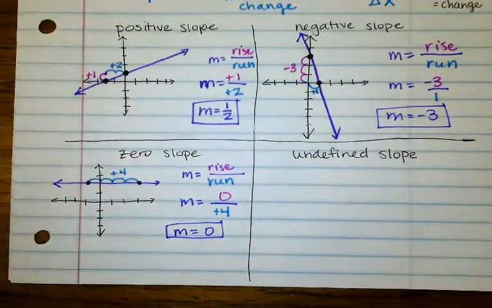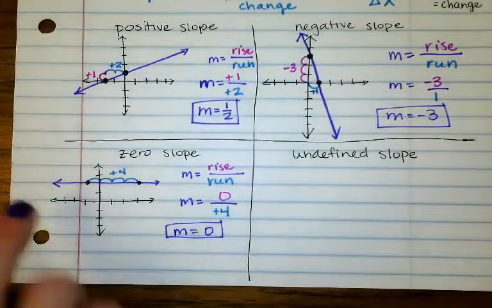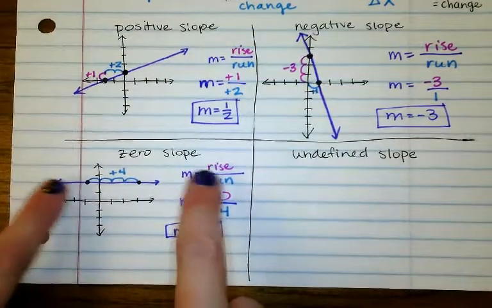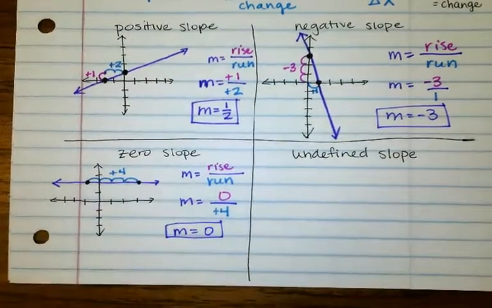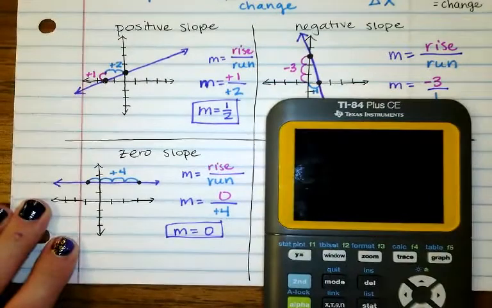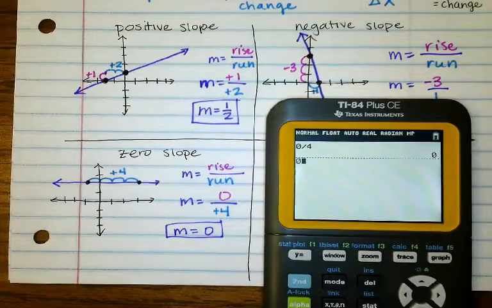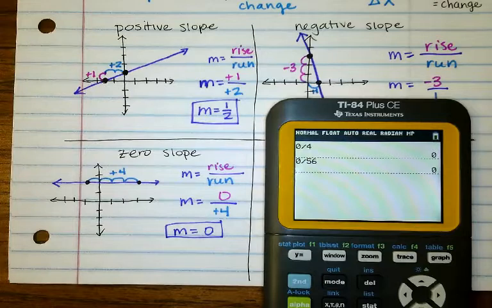So guys, check this out. Even if I picked 2 totally different points, let's say 10 points away from each other, 100 points away from each other, 0 divided by 4 gives me 0. 0 divided by 56 will also give me 0. 0 divided by -5 will give me 0. 0 divided by any number will always give you 0.